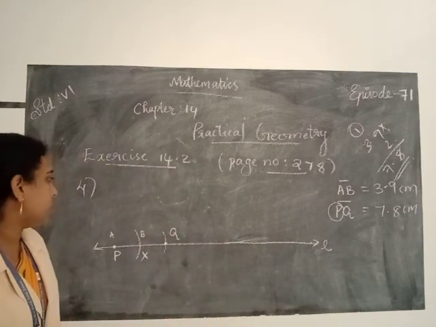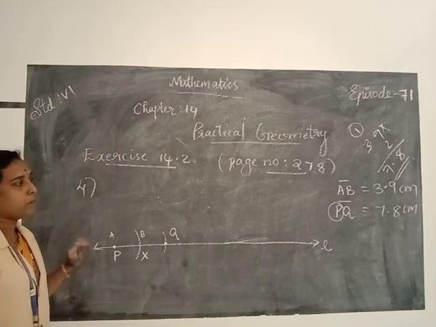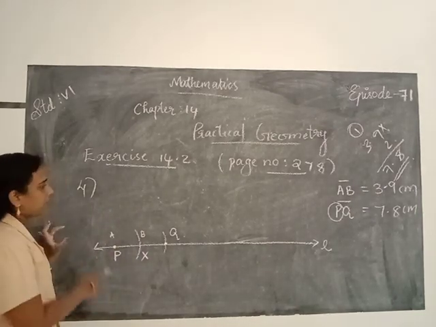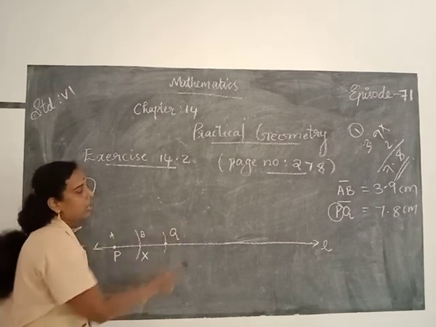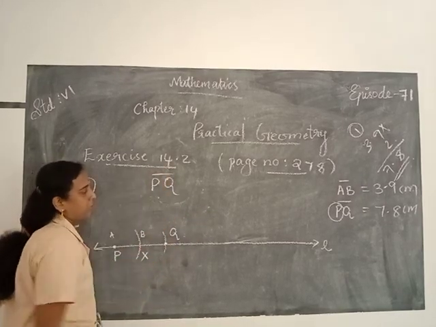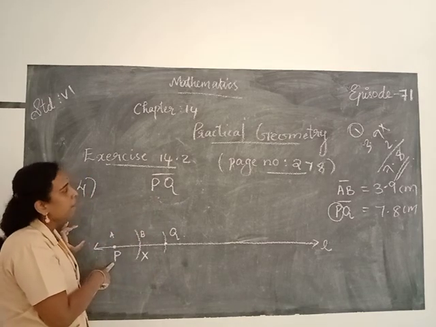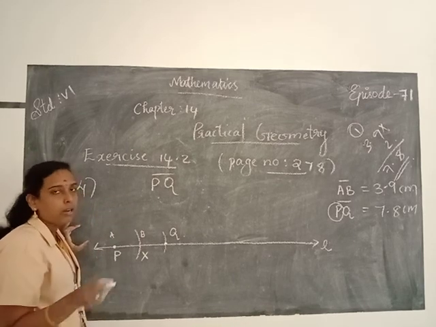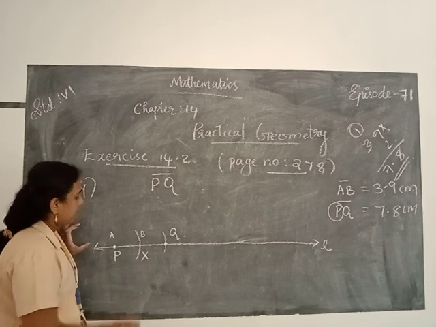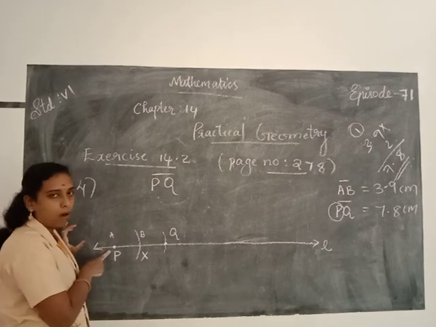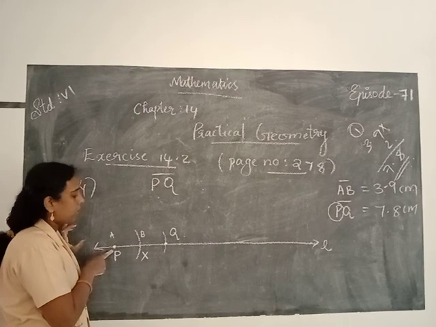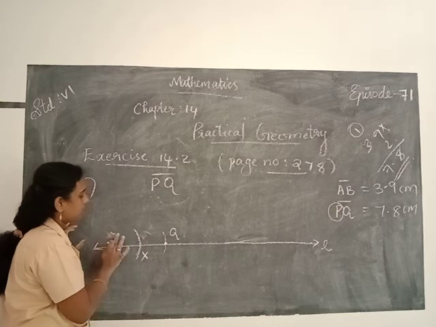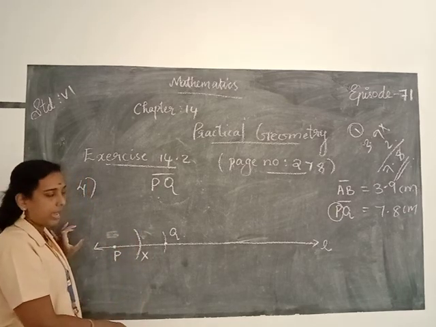Okay. So to construct a line segment PQ which is twice line segment AB, draw a line, then mark the point P on the line. Then take the length of 3.9 in your compass by using your ruler, then place the pointer at the point P, then make a swing and mark the point as X. It measures the length AB, that's equal to 3.9 cm.